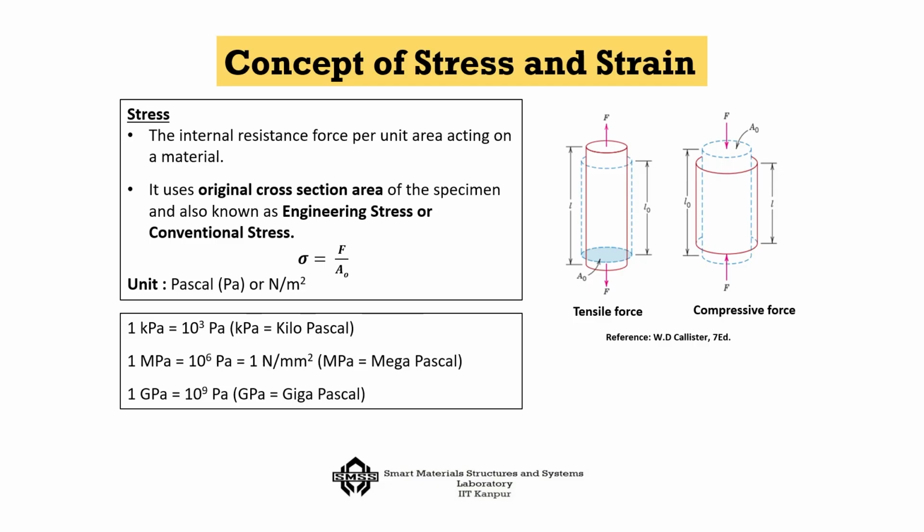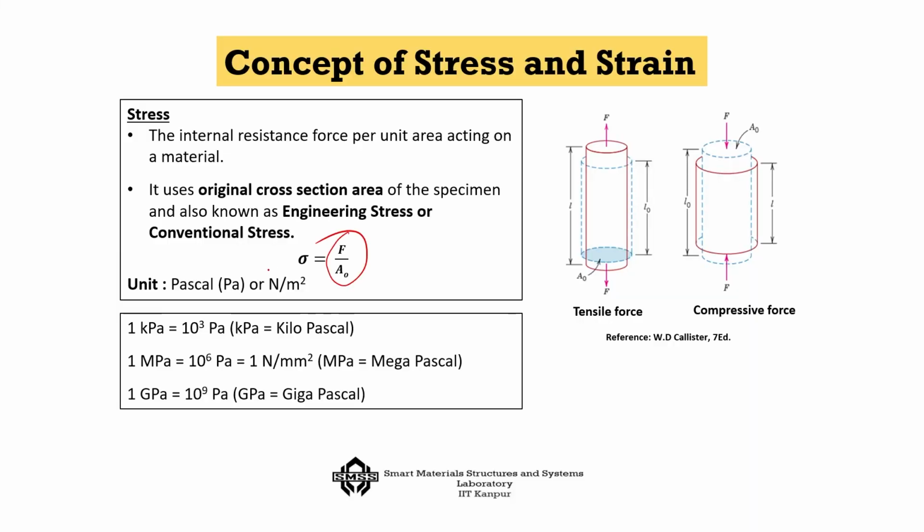Now, I told you that the first group of properties, that is A and B, the elastic deformation and the strength, both need some basic concept of stress and strain. In the case of stress, that is the internal resistive force per unit area acting on a material. We have to keep in mind that it is not really an average force applied over an area.